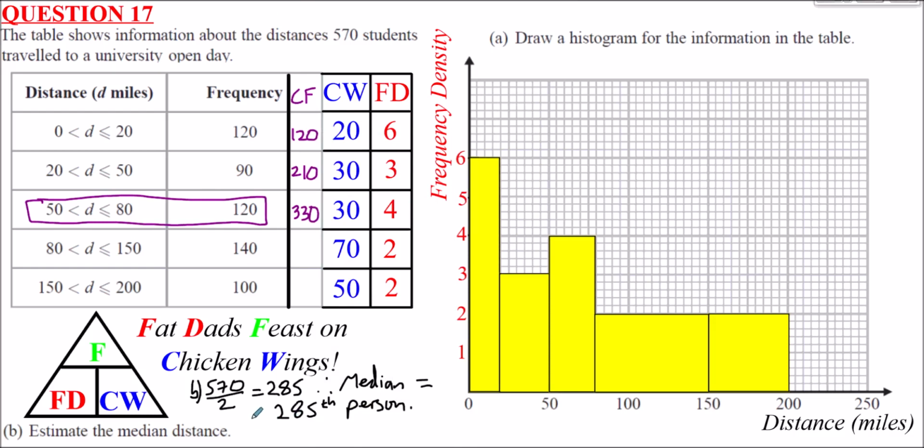So we can say it's the 75th one out of the total of 120 in the interval from 50 to 80. In other words, it's literally the 75th out of 120. So the median is somewhere in this third bar.